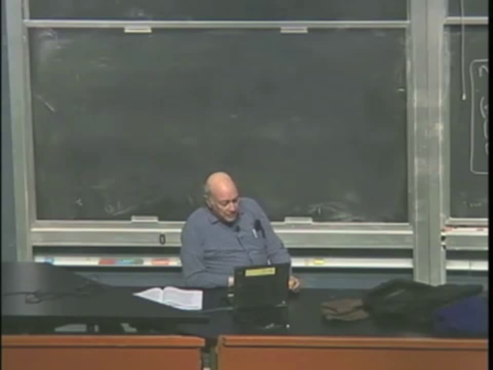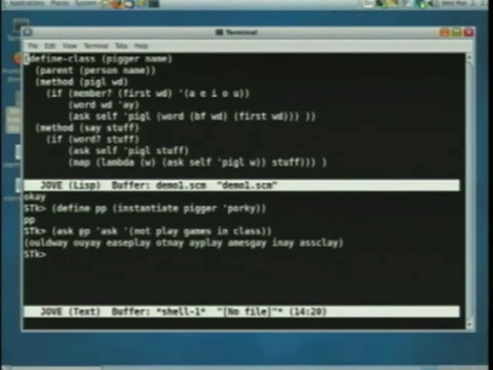Good question. So the question is, how would you get PP to say, would you please not play games in class, without turning it into Pig Latin? You wouldn't. When you define the class, the whole point of a pigger is that it talks in Pig Latin, no matter how it's asked to say something. If you wanted it only to speak Pig Latin sometimes, then you would give it two say methods, or a say method that takes an extra argument for how to do it.